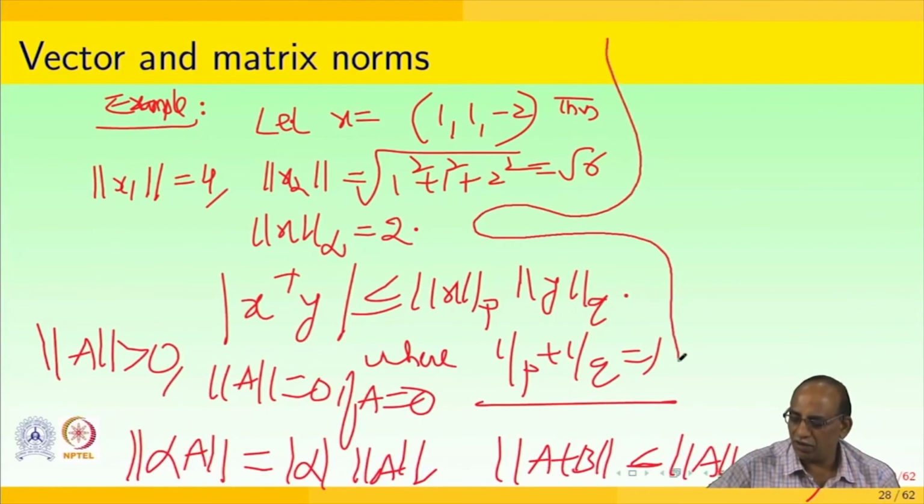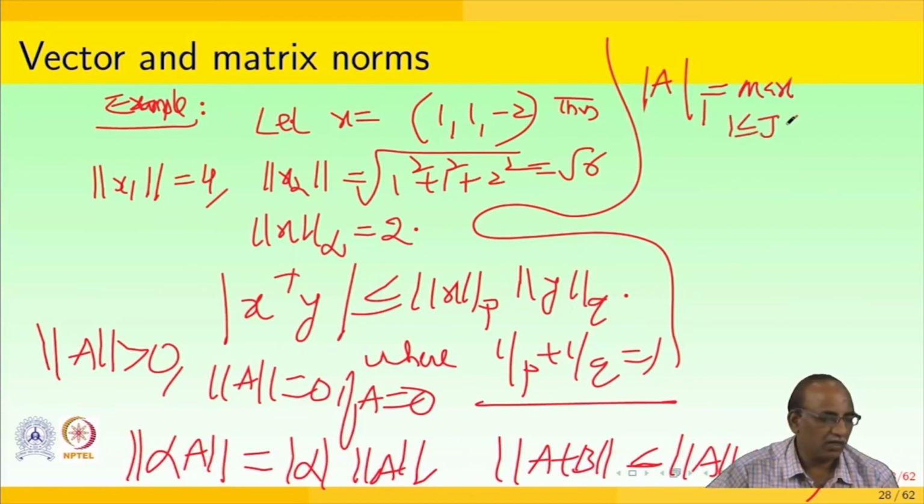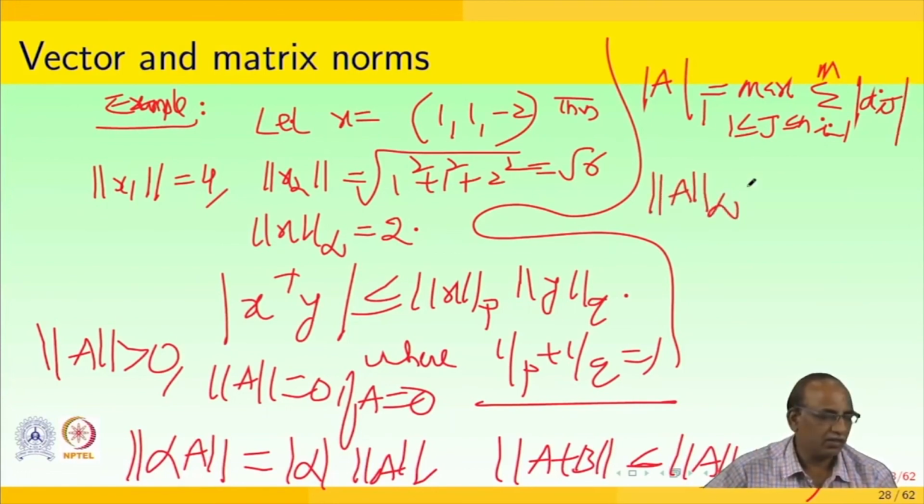So essentially, the 1-norm of A will be equivalent to the maximum over 1 less than or equal to j less than or equal to n of the summation over i from 1 to m of mod of aij. Then the infinity norm of A is the maximum over 1 less than or equal to i less than or equal to m of the sum of mod aij, the maximum row sum.